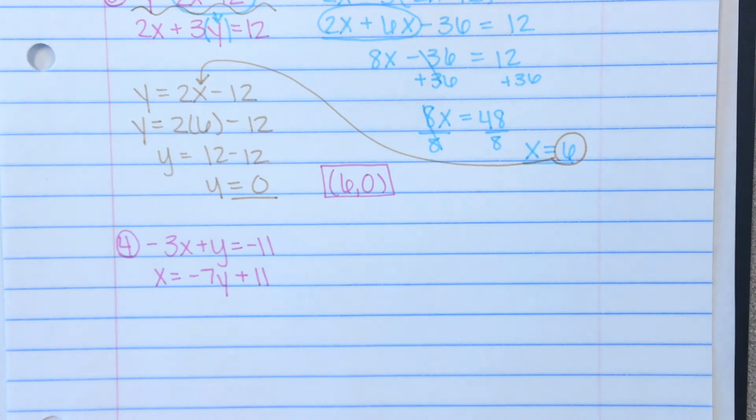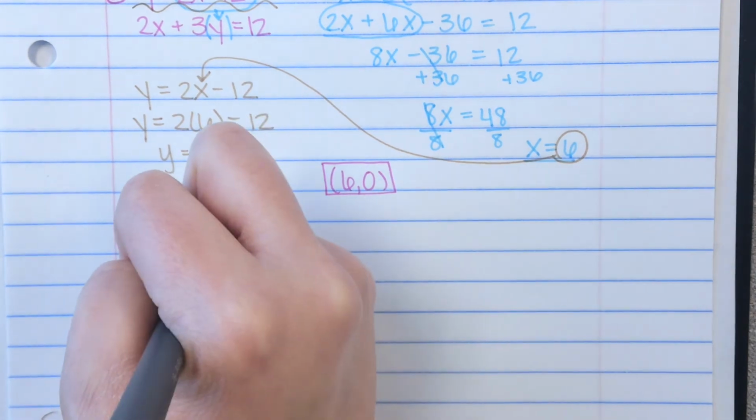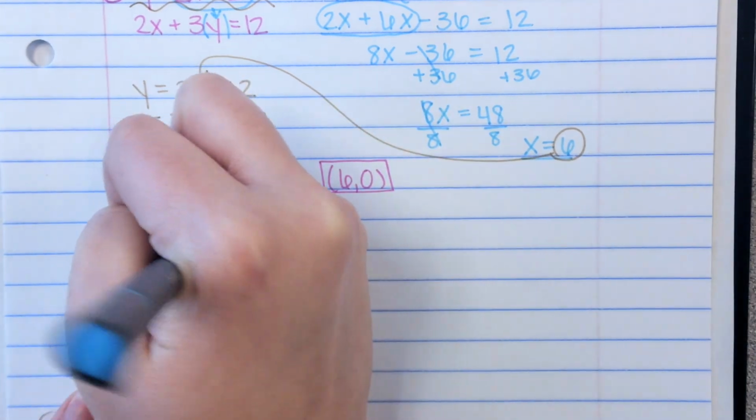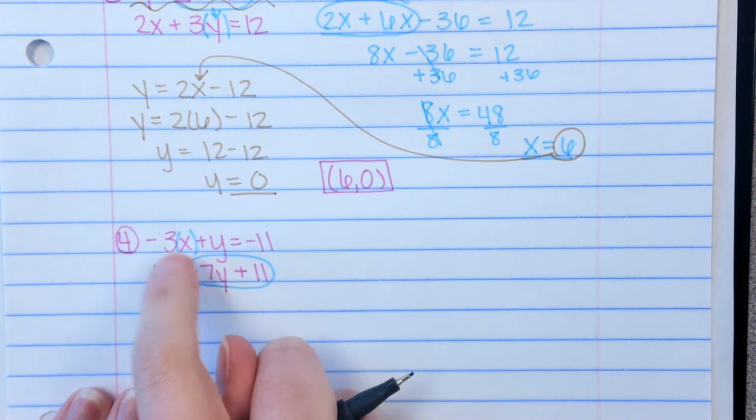Okay, here's number 4. Number 4 is just a little bit different. Instead of being given a y equals equation, we're given an x equals equation, but we're going to do it the exact same way. Just instead of substituting for y, you're going to substitute for x. So I know that x equals this quantity, so I can plug it in for x in this other equation.